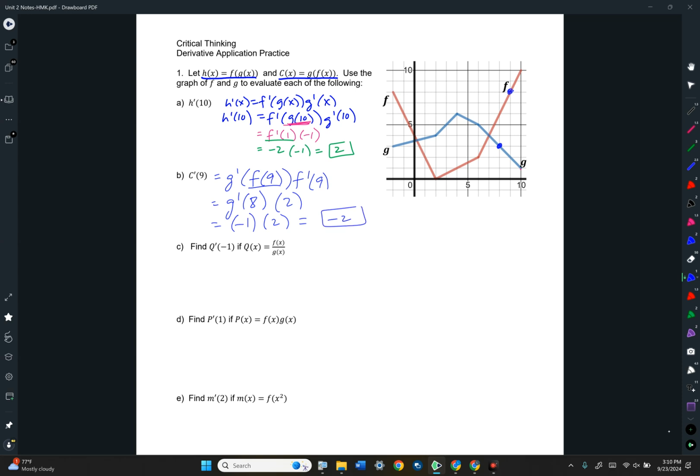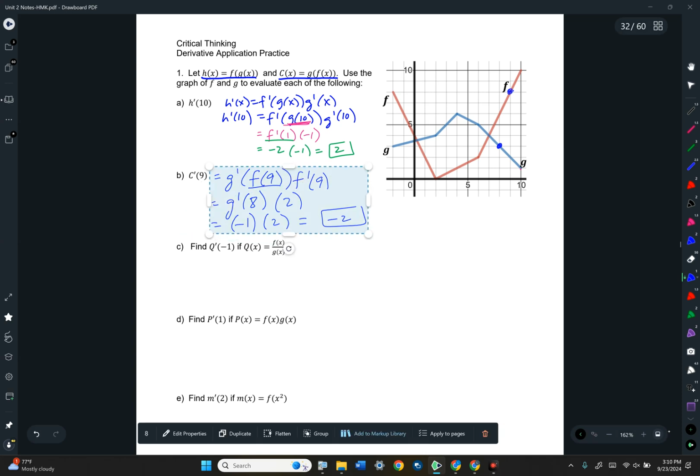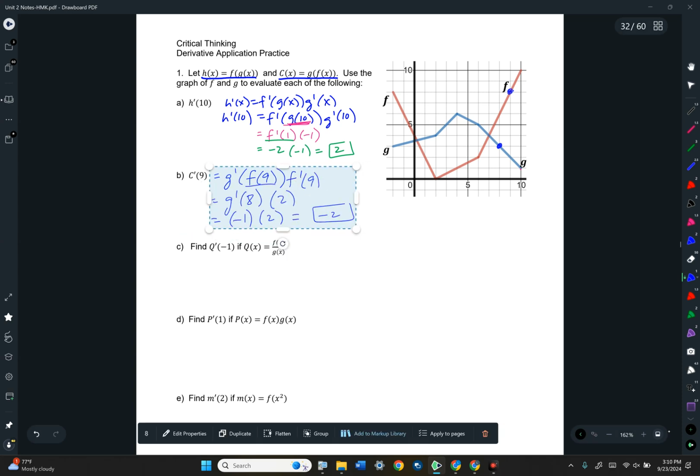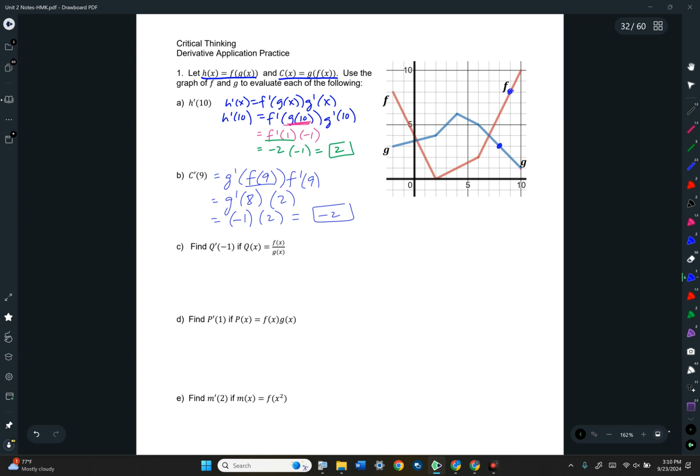Okay, so that's kind of how this critical thinking applies to a chain rule, but let's go ahead and do the next one. So q prime of -1. Again, remember what we said. Before I can do q prime of -1, I have to do q prime of x. So I think what I'll do is set up my quotient rule, and at the same time, I'll just plug in a -1 everywhere I see an x.